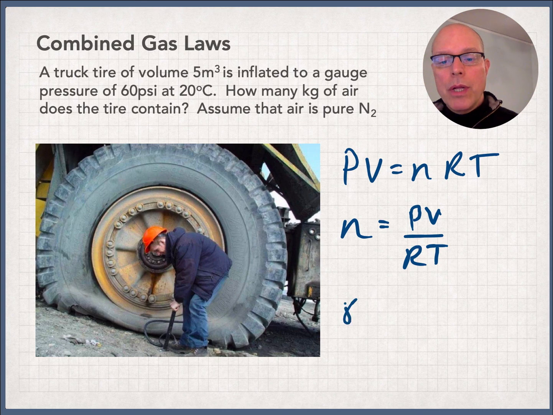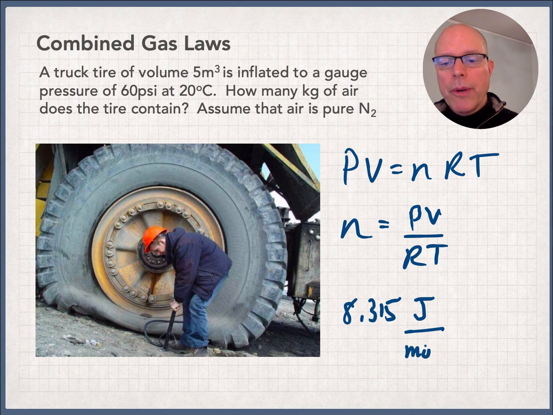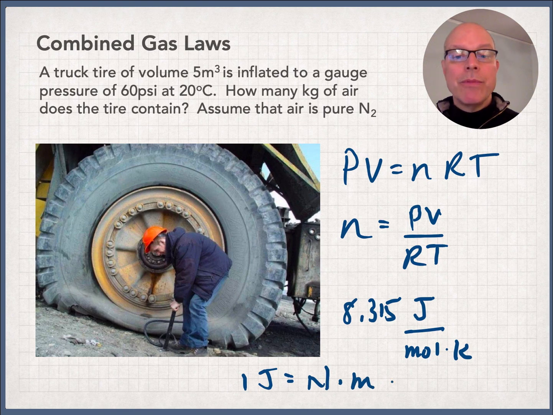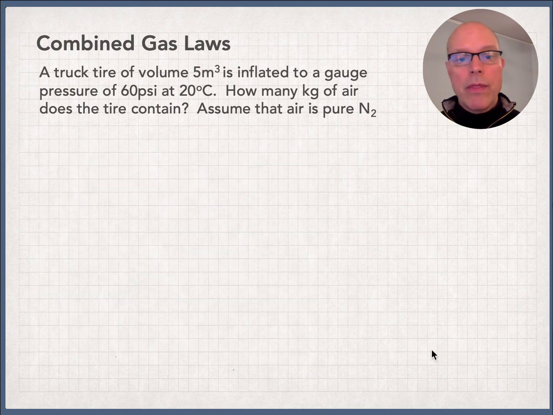Remember that 8.315 has the labels of joules per mole Kelvin. And I also want you to remember that a joule, from work equals force times distance, is equal to newtons times meter. Okay, so in the next slide, I'll show you how this all breaks down in a way that will be useful to you going forward.